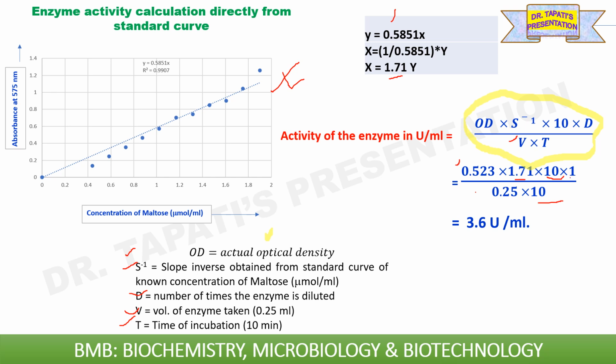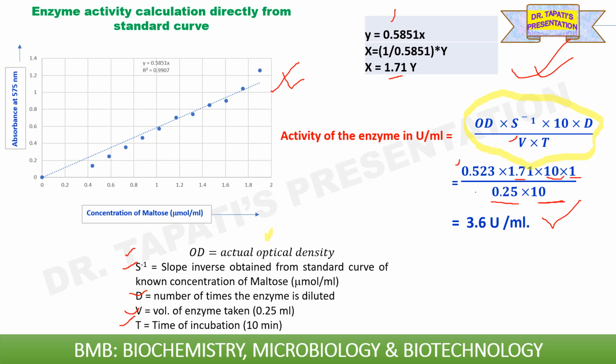And we are multiplying the dilution factor as 1 because here we are not diluting the enzyme. And 0.25 ml is the volume of the enzyme taken for the reaction, and 10 minutes is the incubation time. And again we are getting the same enzyme activity, that is around 3.6 unit per ml. So this is the actual formula for enzyme activity calculation.